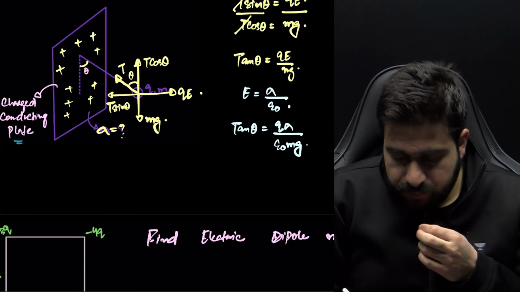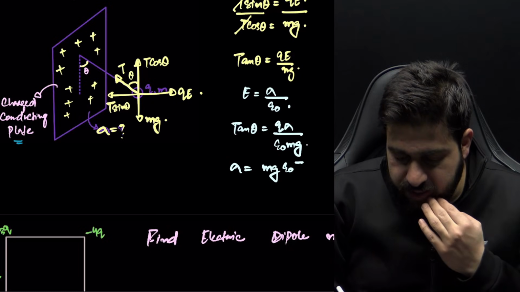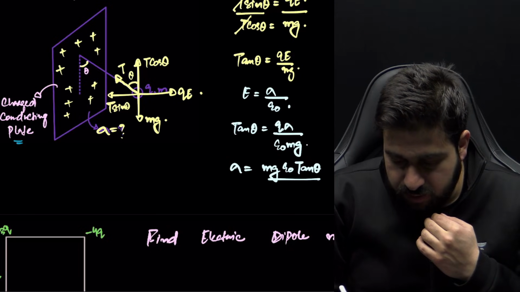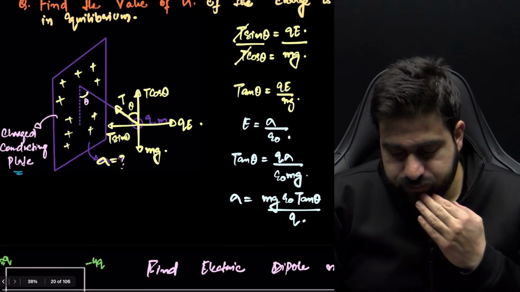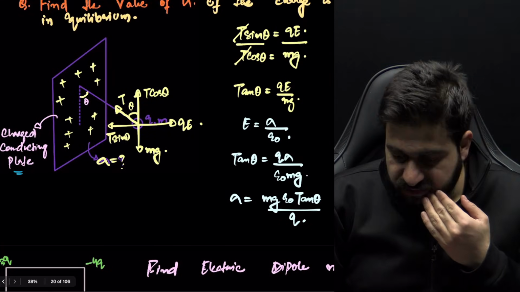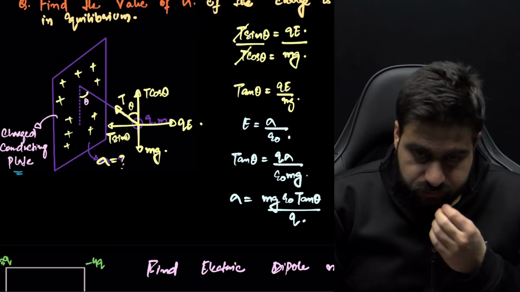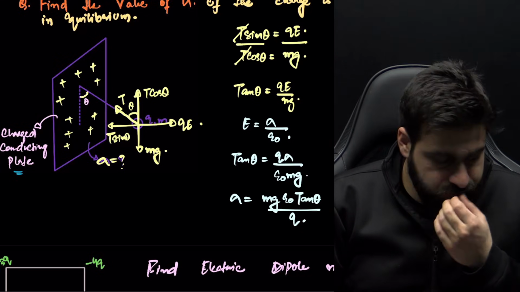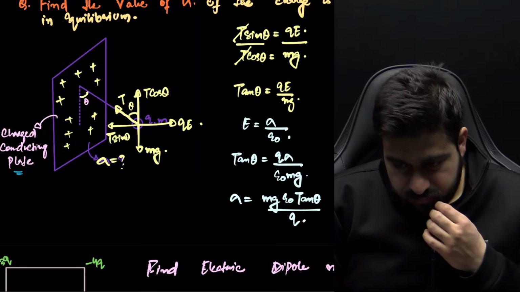Take it over there. So sigma will come out to be mg epsilon naught tan theta divided by q. This is the value of sigma. Is that clear?